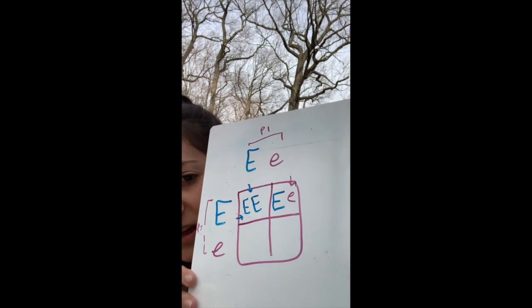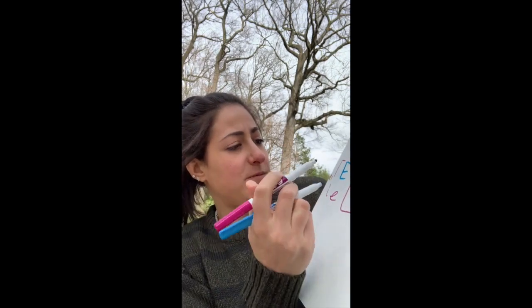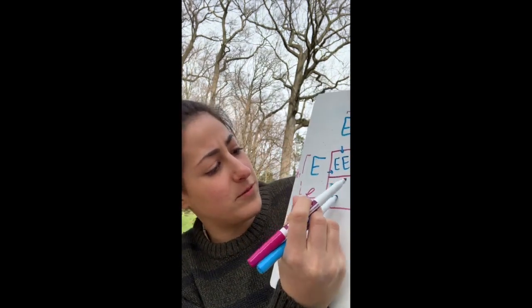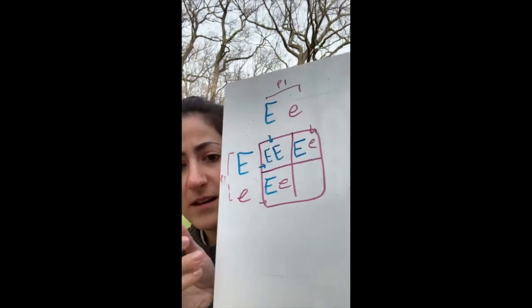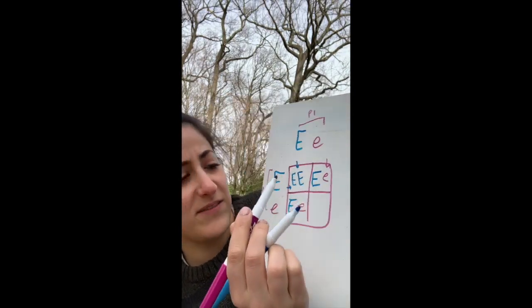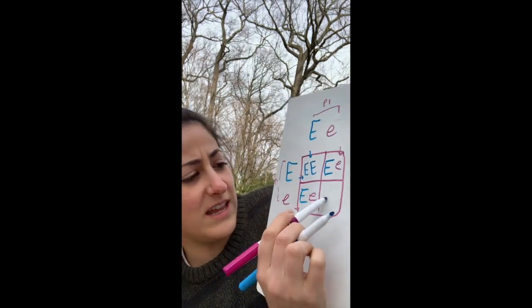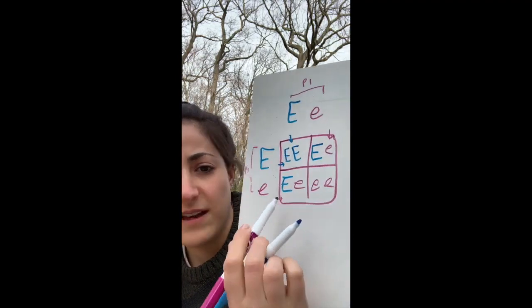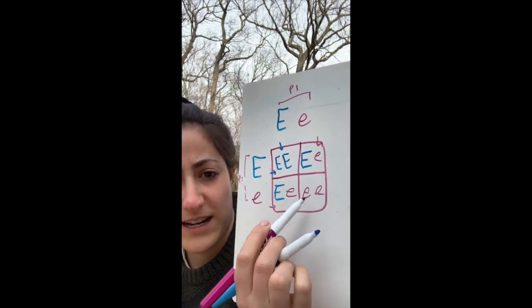So we end up with a heterozygous. In this box, I'm going to take the E from the top, the blue one, the capital, and this E from right here, bring it in there. We have a heterozygous. And in this last box, I take this recessive E and this recessive E, and they come into that box, and we end up with a homozygous recessive.